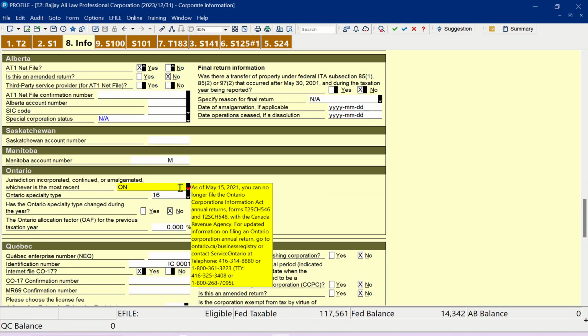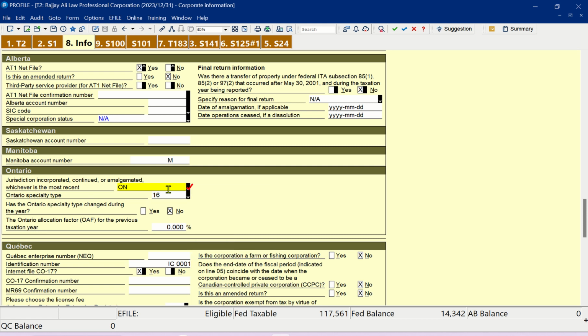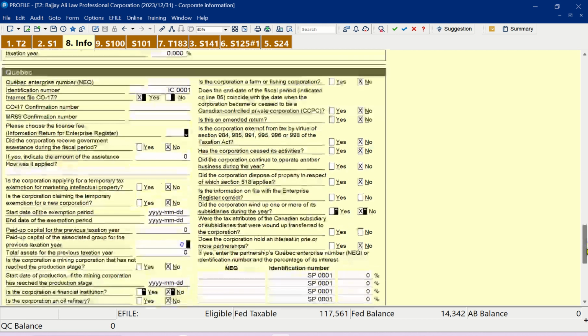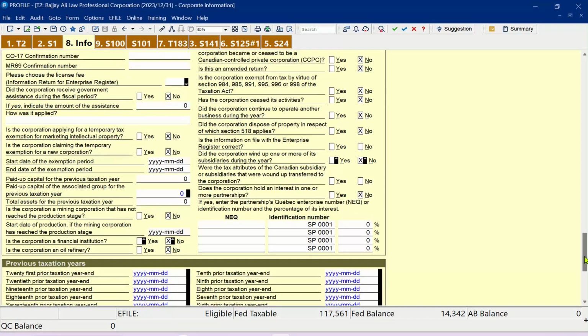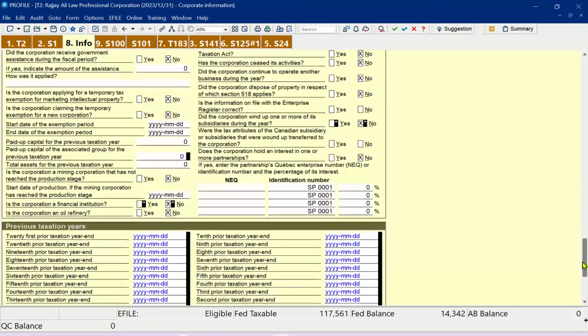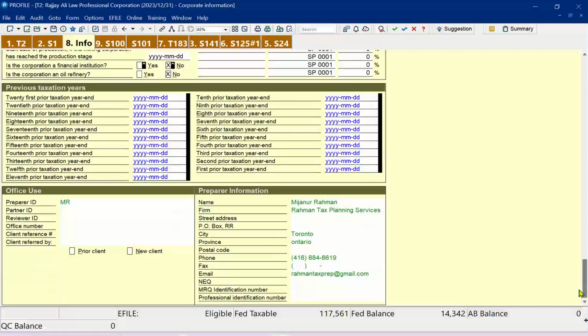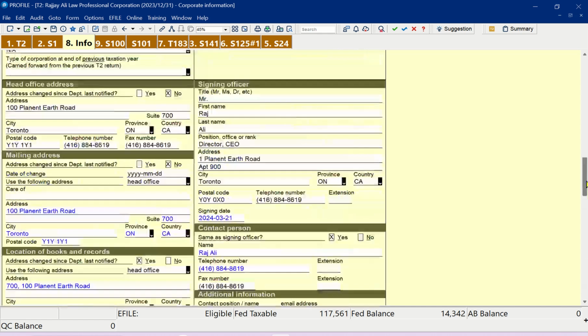They're showing a highlight that something changed as of May 15, 2021. There is something that we need to address separately. I'm not going to get into that now. And some of the boxes I left blank for a purpose. Those are not omissions.